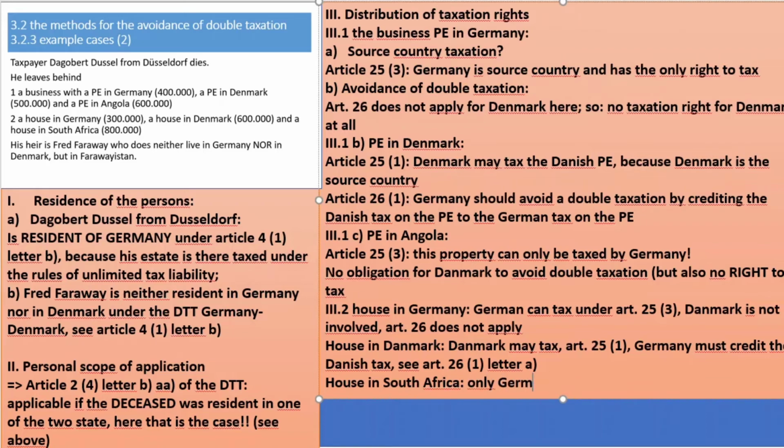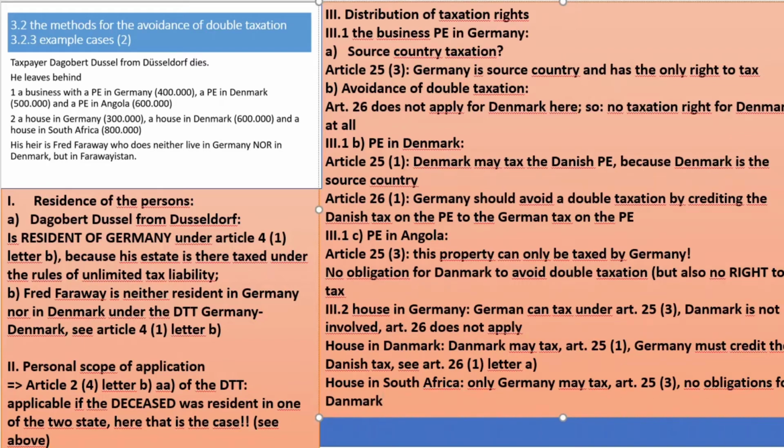Here, only Germany may tax, Article 25.3. All the things which are not mentioned before can, in the relationship Germany-Denmark, only be taxed by Germany. No obligations for Denmark to credit, because no unlimited tax liability in Denmark. See Article 26, so that case is closed.